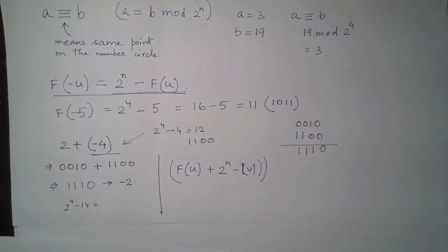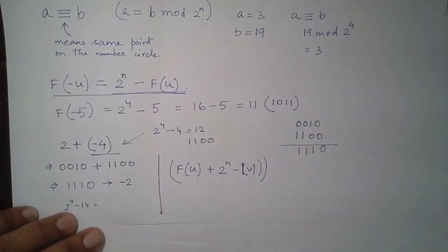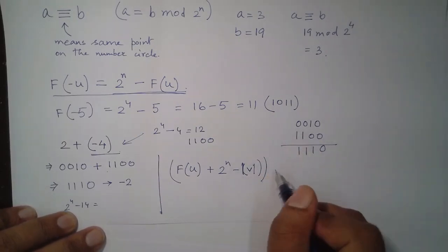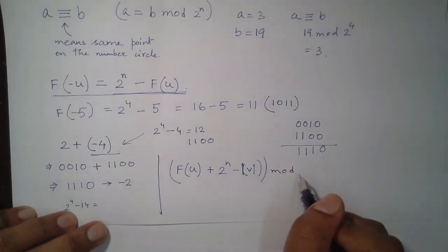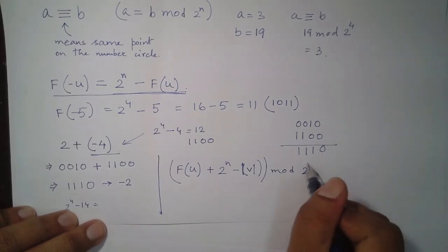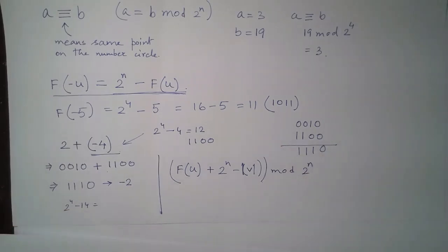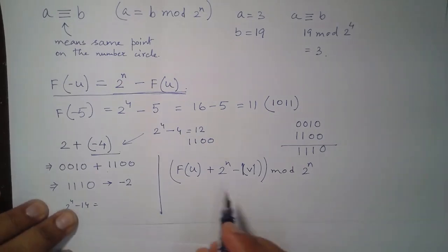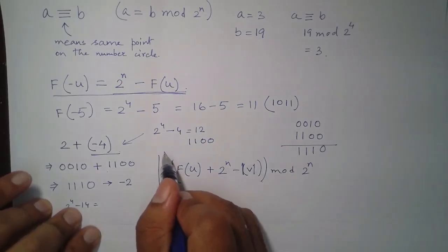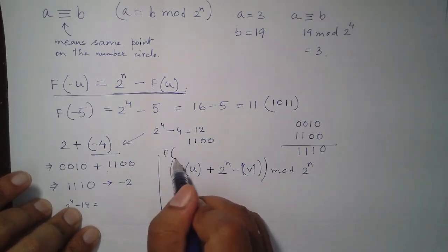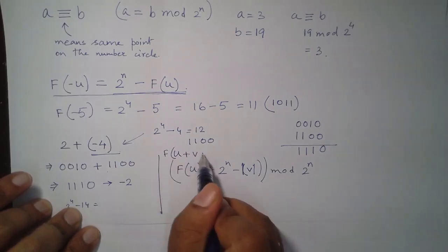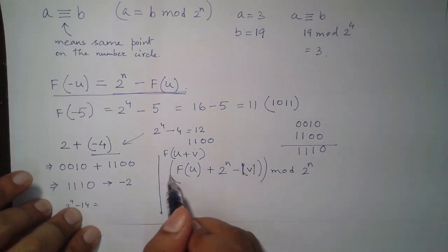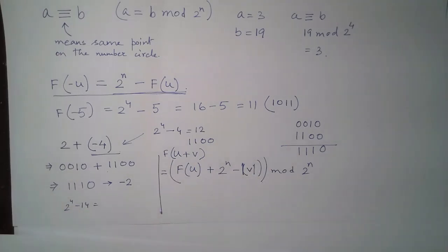In that case, or if there is an overflow as we discussed, where the number is bigger than this, then you also have to take the mod of it with 2 to the power n to find the actual result. So that will give you the answer of f of u plus v, where v is a negative number. All right.